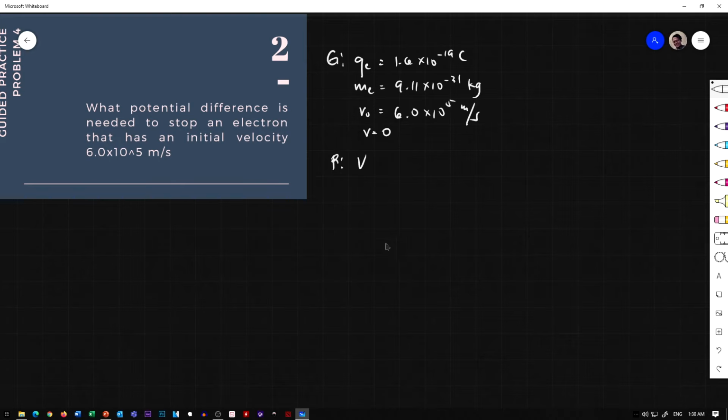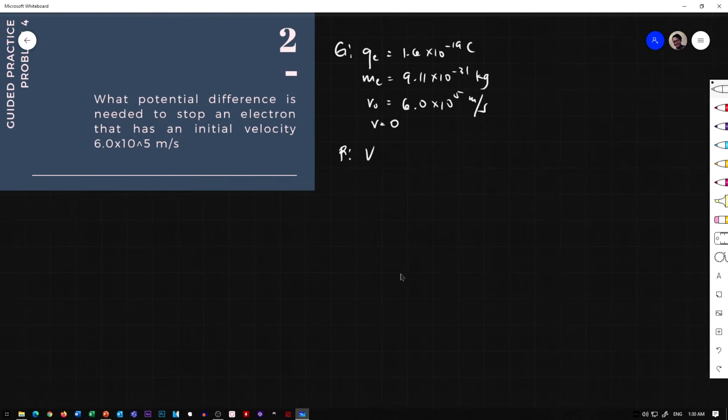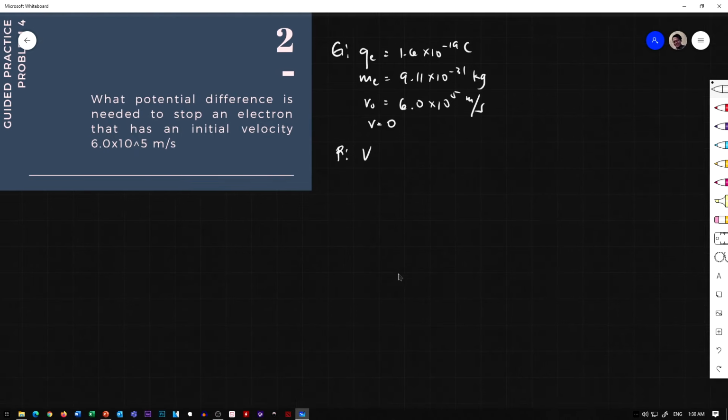For our required, we're tasked to look for voltage. So let's try to look for the equation that we will be needing. I will be writing on this side to derive. Let's start with F is equal to MA, and then F equal to QE.